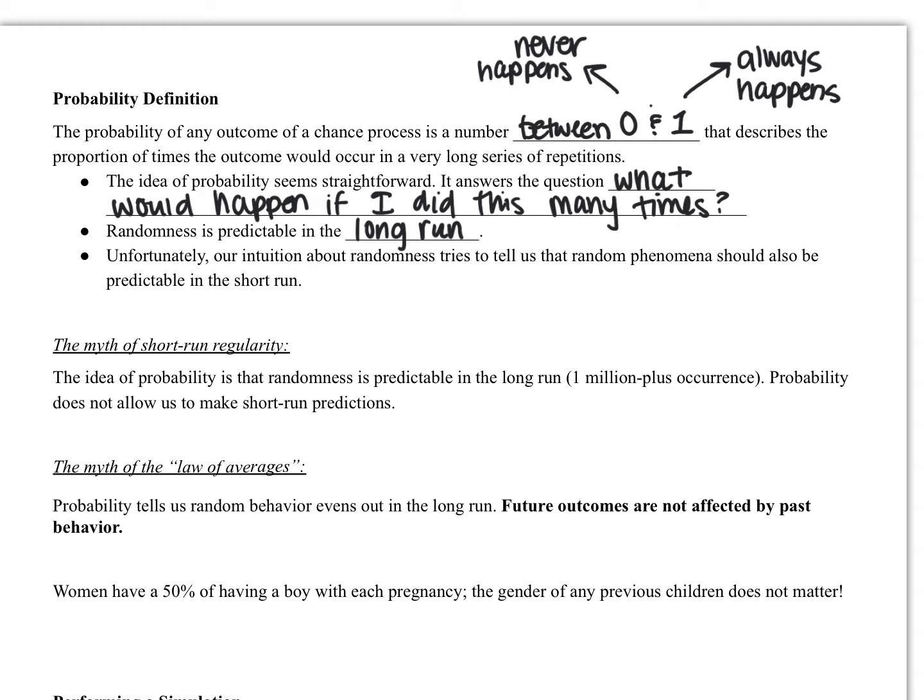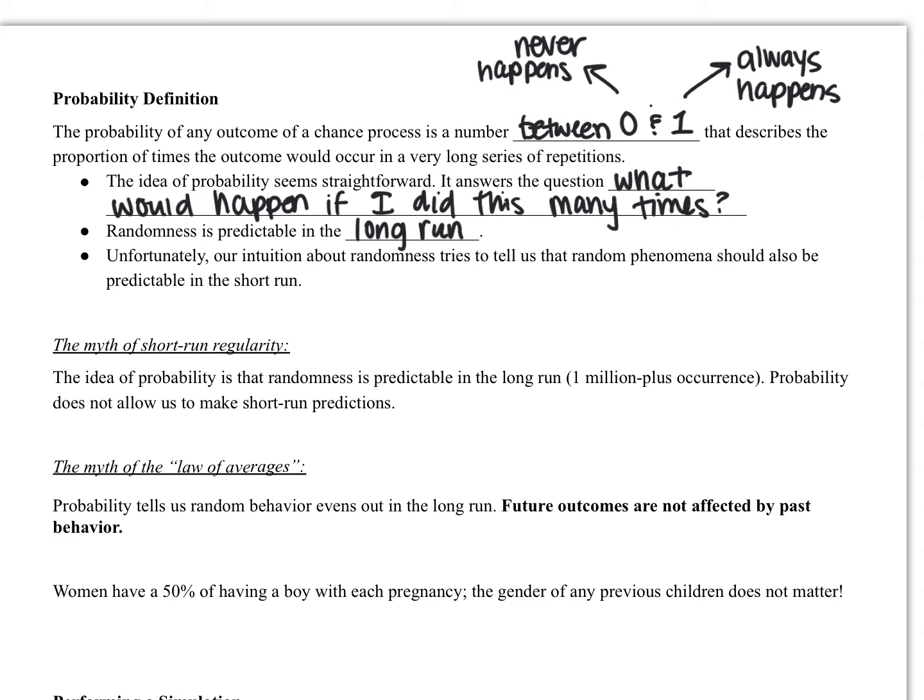But that's not how probability works. Each time they have a kid, the probability is 50-50. It's not that, oh, if I have 2 girls, probability tells me I'm much more likely to get a boy. A lot of our brains try to tell us that, but we don't use that. So that's where this myth of the law of averages comes in.